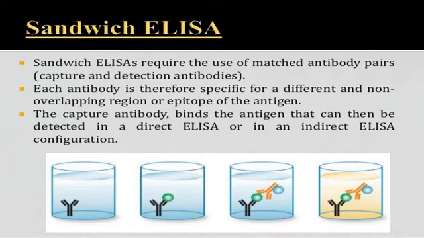Then we add the primary antibodies which is not linked to an enzyme. Then we add the secondary antibodies that is linked to the enzyme. That means there are 3 antibodies involved here. So this technique is very sensitive and specific, and the signal will be amplified.